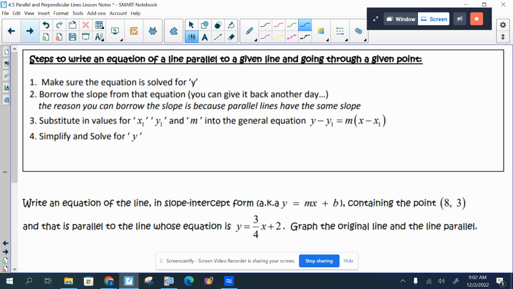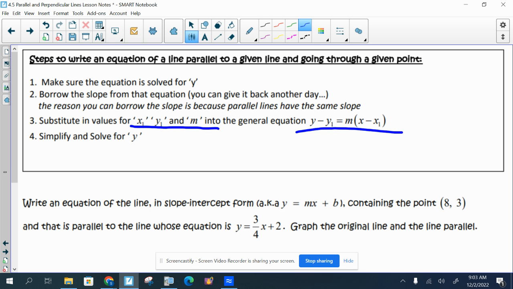So the steps here are a good little summary. Make sure the equation is solved for y. It says borrow the slope from that equation. That says you can give it back another day. The reason you can borrow the slope is because parallel lines have the same slope. Then substitute the values for the point that they give you and m into the point slope form, or you can put it into slope intercept form.